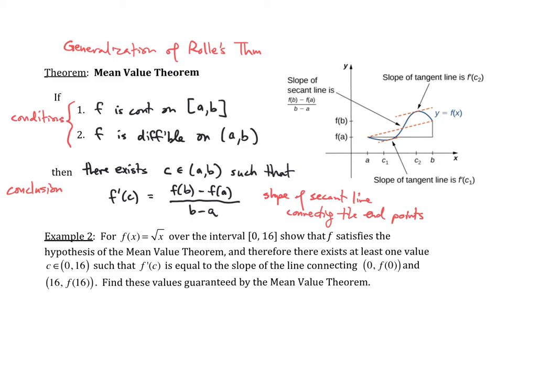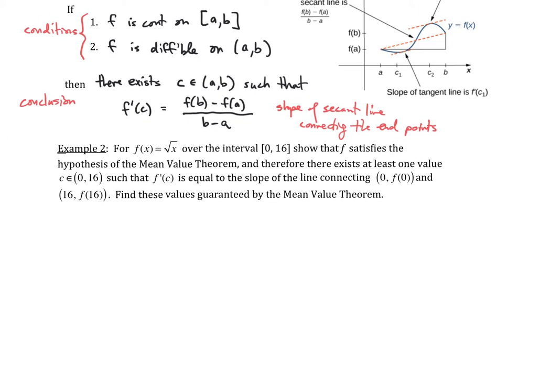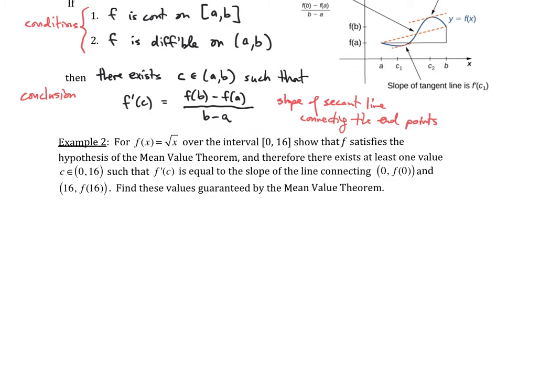Why don't we look at an example? Let's take a look at example 2. Okay, so in example 2, it says we have this square root function, f of x, and we're looking at this interval from 0 to 16. And we want to show that f satisfies the hypotheses or the conditions of the mean value theorem.